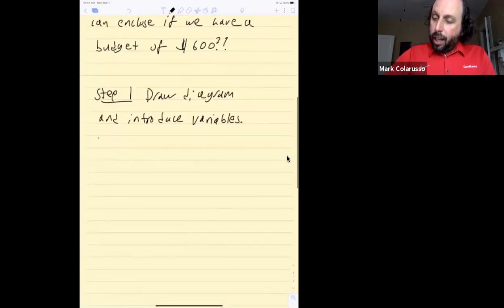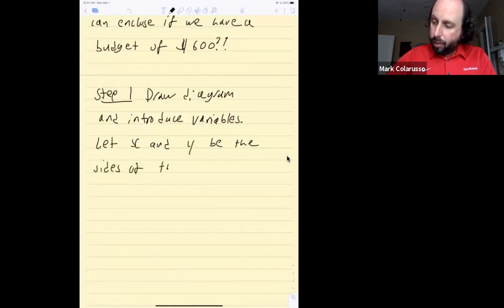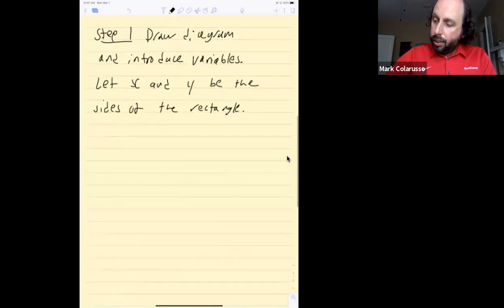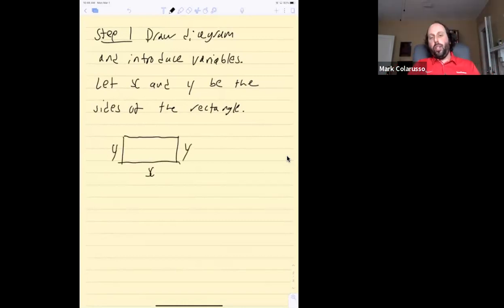Okay, so I'm going to let X and Y be the sides of the rectangle. We'll draw a little rectangle. I can call this Y and call this X. But now there's added information that we didn't have before.